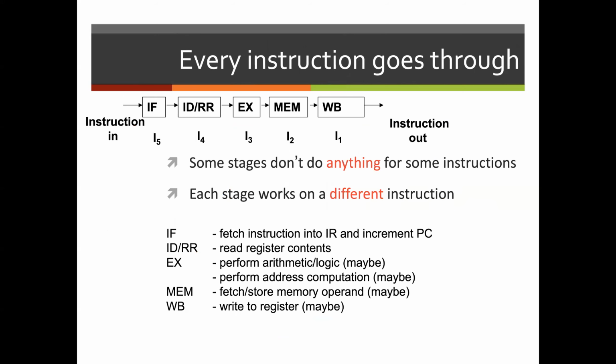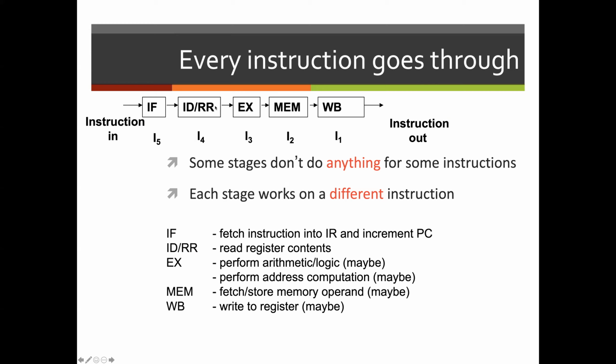So let's consider the steps that every instruction will need to go through. Some stages don't need to do anything for some instructions. We have our instruction in, and it will be processed. It'll fetch into the instruction register and increment the program counter.